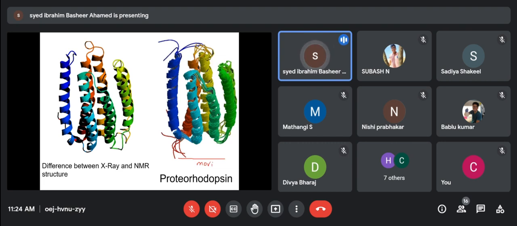So what will happen ultimately? In X-ray, since the object is not moving, you will get an image just like this, right? But in NMR, the image will be blurred.